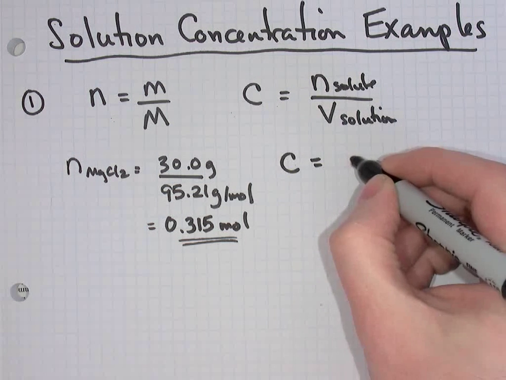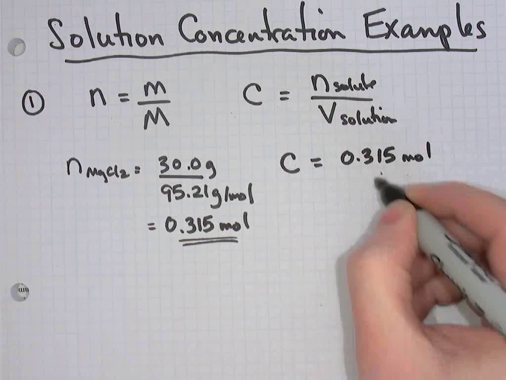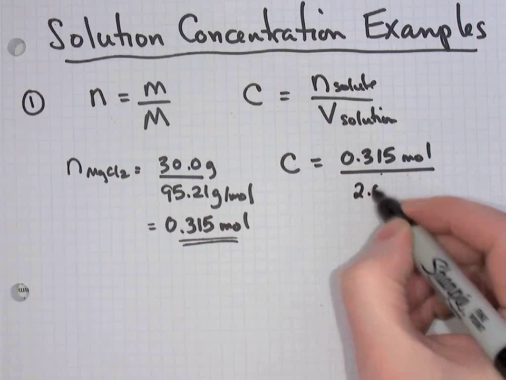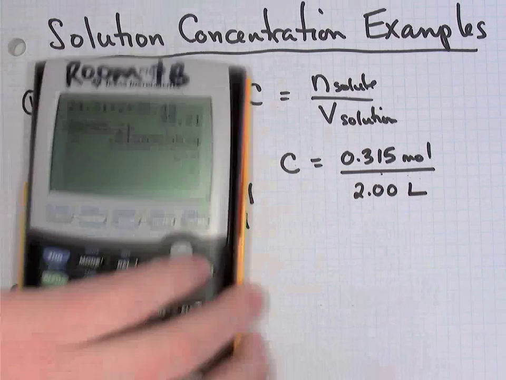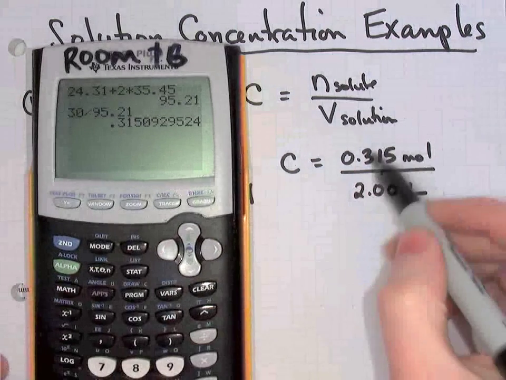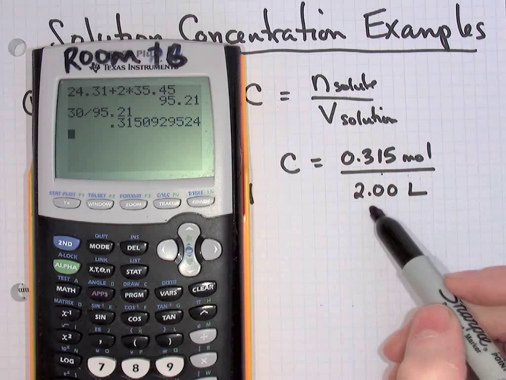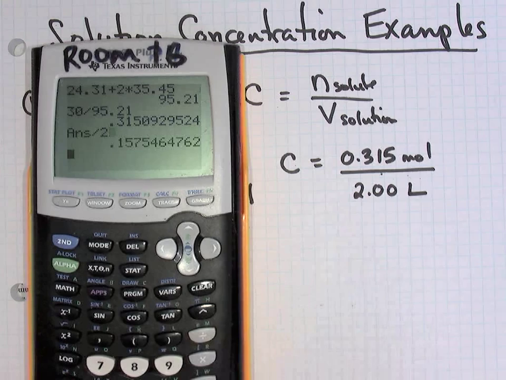The concentration will be the moles, 0.315 moles, divided by the volume in liters, and the question told us that there were 2.00 liters of solution. Again, we're doing 3 significant digits in the numerator, and we're dividing by 3 significant digits in the denominator, so we're going to keep 3 significant digits in our answer.